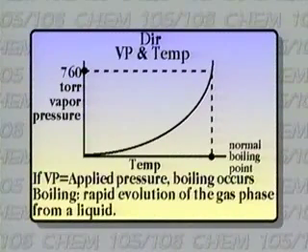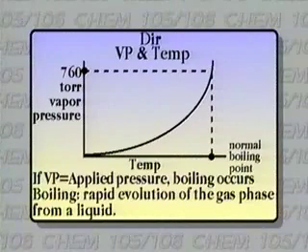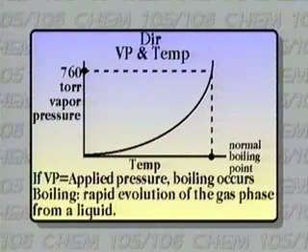Normal boiling point is the temperature at which a liquid boils when its equilibrium vapor pressure equals 1 atmosphere or 760 torr.